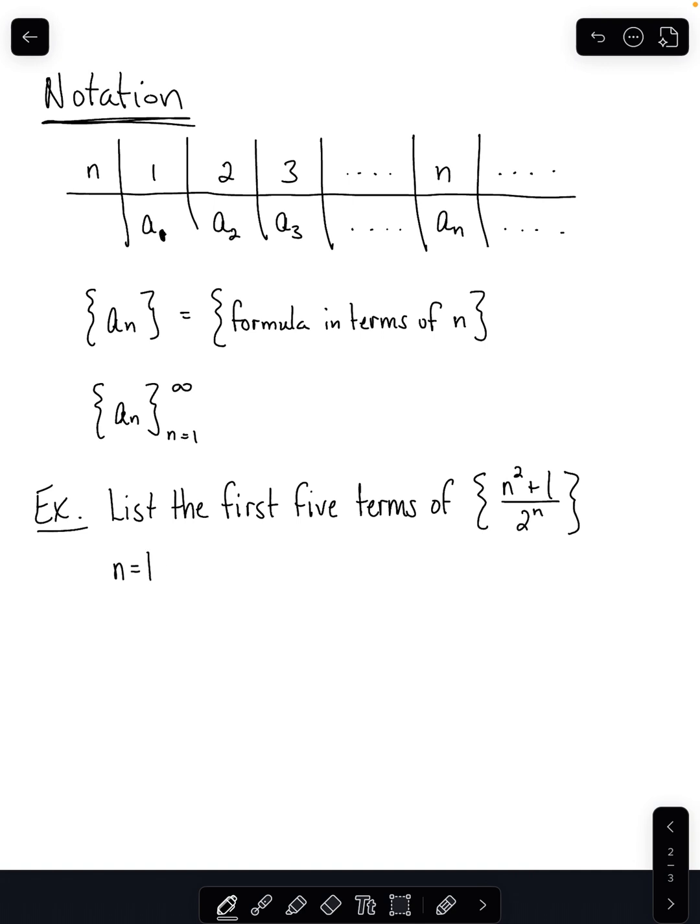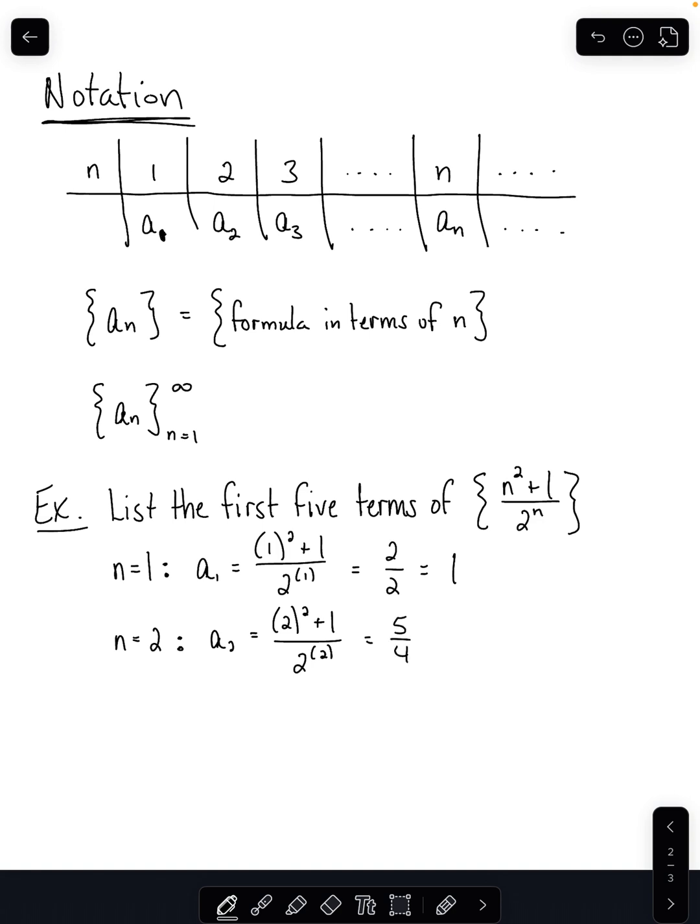So when n equals 1, our first term, a sub 1, would be 1 squared plus 1 over 2 to the first, which, as it turns out, is just equal to 1. When n equals 2, a sub 2 would be 2 squared plus 1 over 2 to the second power, which would give us 5/4 in this case.